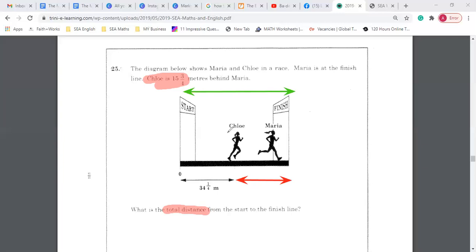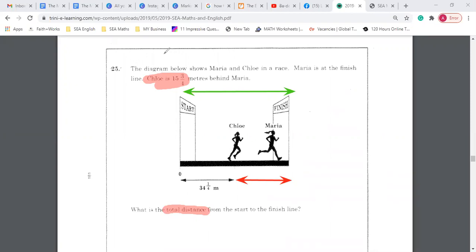No, the distance when we start to Chloe is 34 1/4. What is the distance from Chloe to Maria? 15 3/4. Right, it's in the question. It's highlighted right here, right?